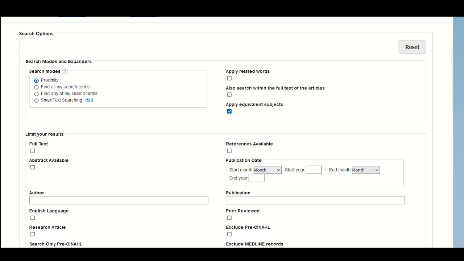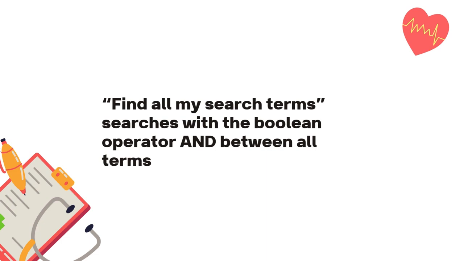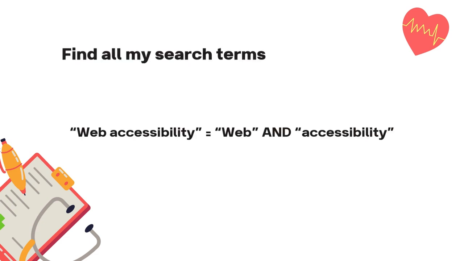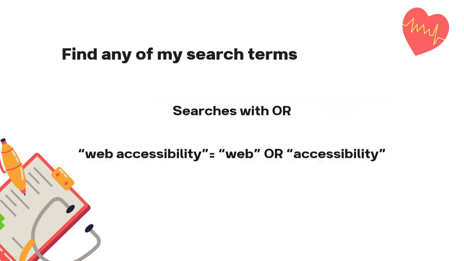So we definitely want to select proximity search mode because otherwise we may overrule the search string that we've created. For instance, according to EBSCO, find all my search terms basically searches with Boolean and between all search terms. So for example, the search web accessibility gets searched as web and accessibility, and find any my search terms automatically searches with Boolean or between all search terms.